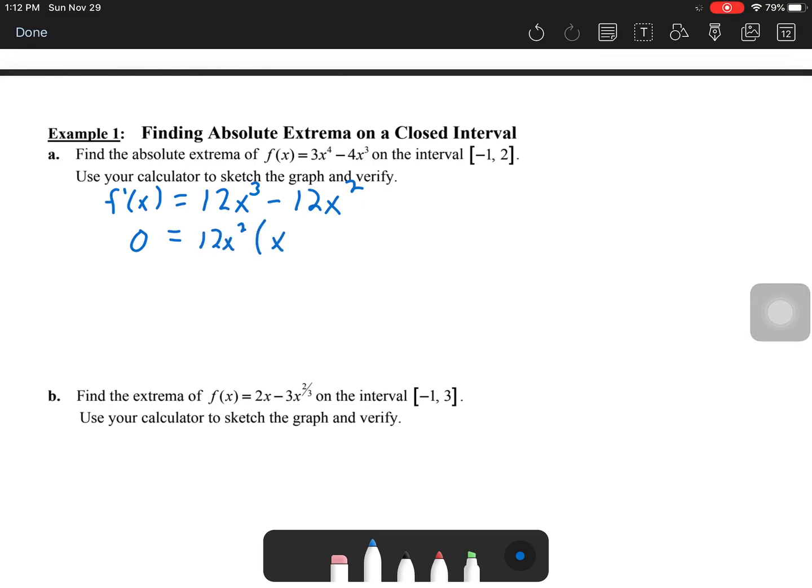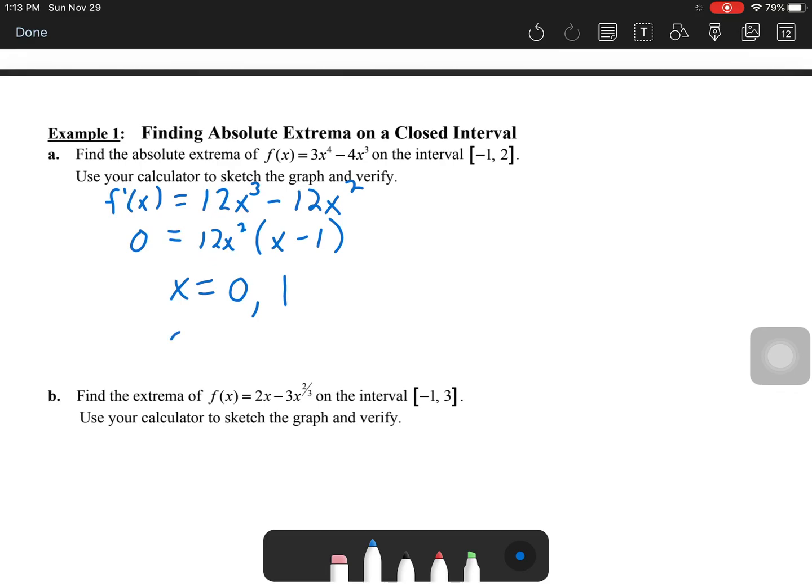That leaves us with x minus 1, and so our critical numbers, if I set each factor equal to 0: setting 12x squared equal to 0 gives x equals 0, and x minus 1 equal to 0 gives x equals 1. Okay, so those are my critical numbers.